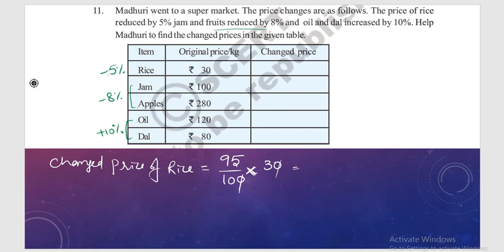So 95 into 3. 3 5s are 15. 9 3s are 27, 28. So what am I going to get? 285 divided by 10. Here we did not cancel the 10, so we can directly get this value as 28.5 rupees.